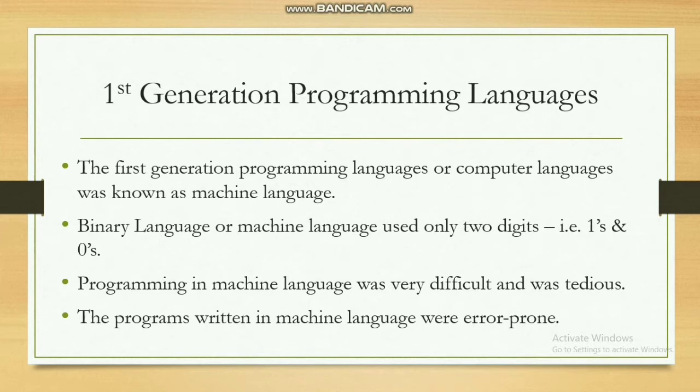The binary language of the machine language has only two digits, ones and zeros. Languages like English-style high-level languages need to be compiled or interpreted using compilers so that they are converted to machine language, and the machine is able to identify the commands given by the programmer.